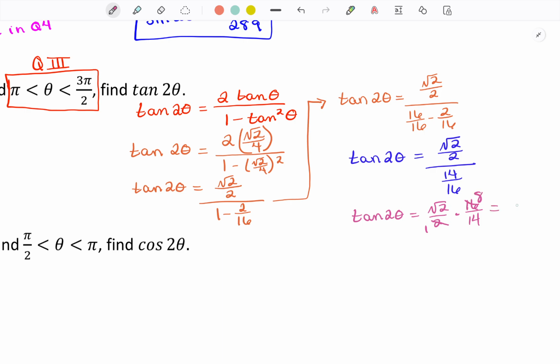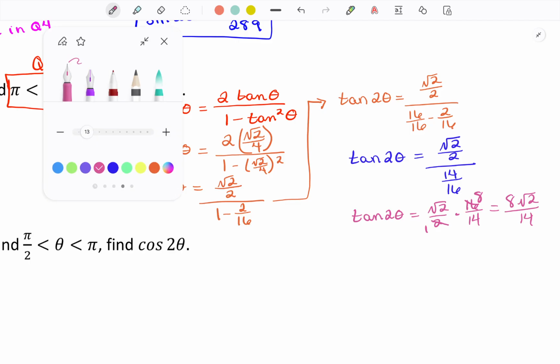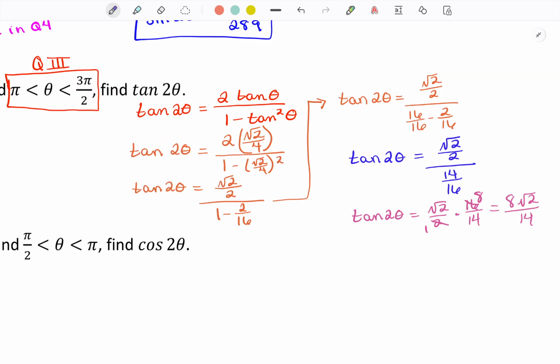And that's going to give us 8 square roots of 2 over 14. We can still reduce that. And so we have the tangent of 2 theta equals 4 square roots of 2 over 7. And so that is our final answer.